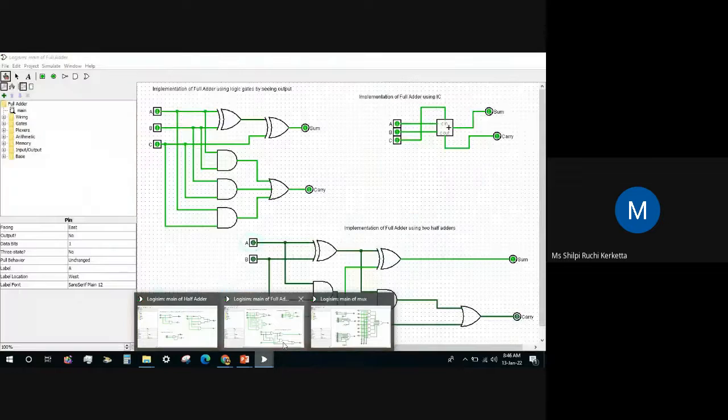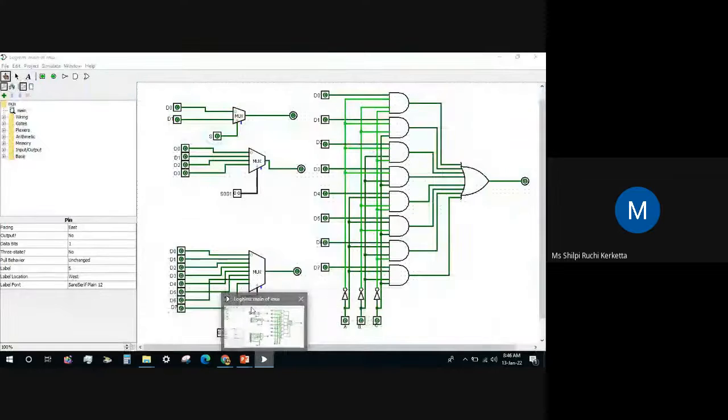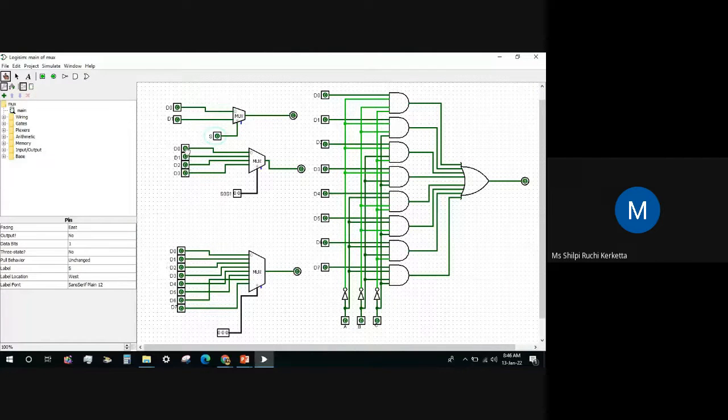Actually what we do is assign 00 to D0, 01 to D1, 10 to D2, and 11 to D3. It is predefined, already assigned to these.